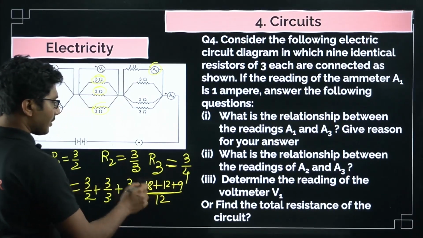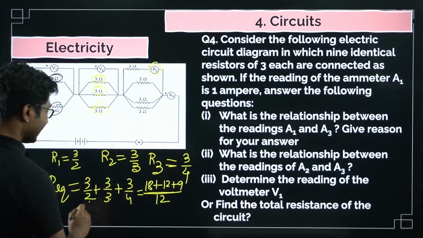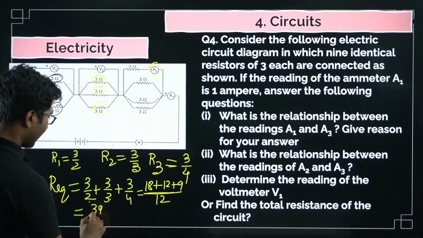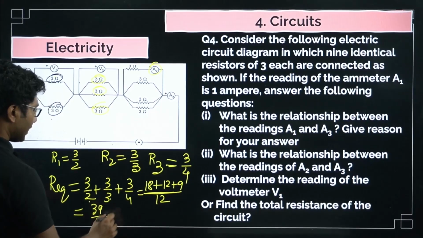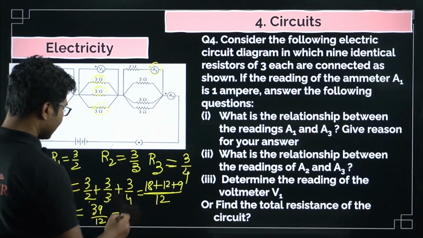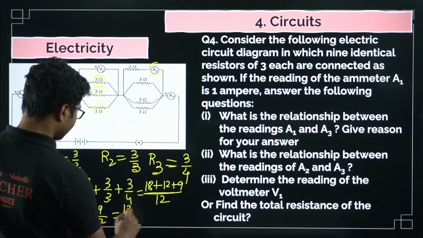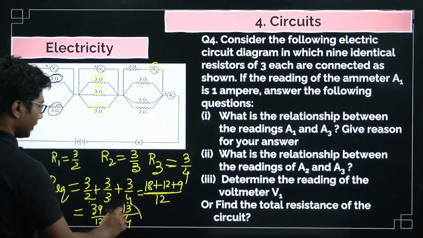So 18 plus 12 plus 9 is 39 by 12. Okay, so this will be the answer. 3 times 13 is 39. So 13 by 4 should be the answer.